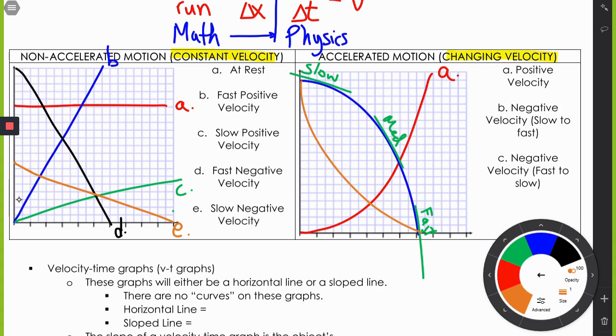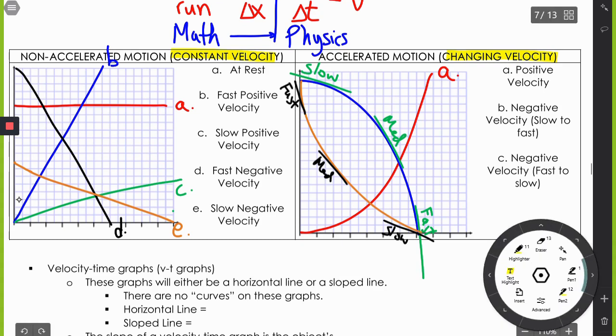But if I do my tangent lines, you can see it's kind of the reverse, right? So my fast is up here, my medium again is here in the middle, and then I've got my slow down here. Okay, and so that's what we mean by slow to fast or fast to slow. Okay, so that's our position versus time graph look and analysis. Right, and we're going to do an example where you guys can see how this is broken down.